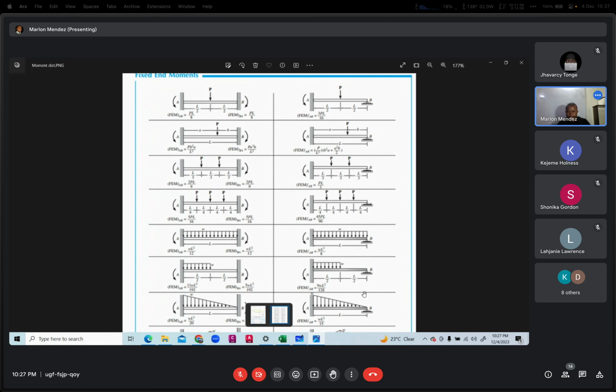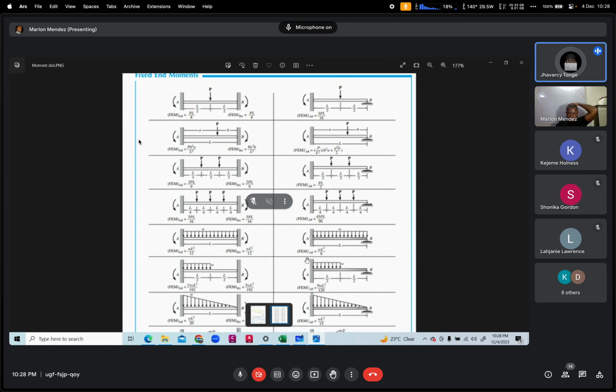Are you hearing me? Which equation here would apply? Good. So that is the equation that would apply. We all clear on that? Okay.